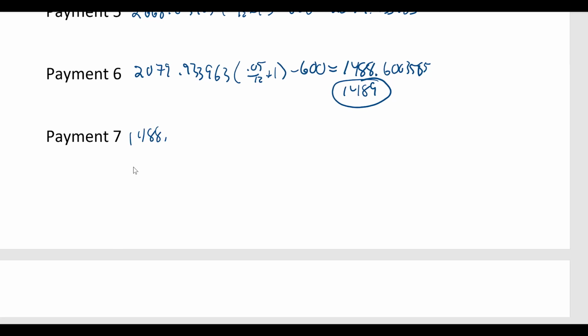Because they want to know when it's going to be paid off, 1488.6003585 times 0.05 over 12 plus 1 minus 600 gets us to $894.802856.